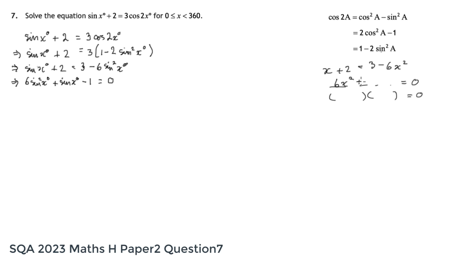6x squared, normally it would be this, but instead of x we've got a sine x, and you would normally try and factorize that, maybe put 2x, 3x, no choice for the last one, and you'd have a look at the insides and outsides and see what was going on.